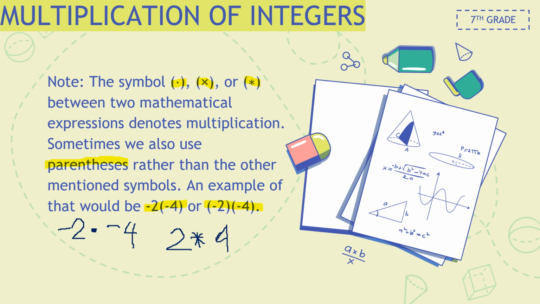Ibig sabihin po, ang operation pa rin ay multiplication. Hindi po natin palaging ginagamit yung x na sign for multiplication. Pwede din pong period, pwede din pong asterisk, or pwede din yung parenthesis lamang. Please don't be confused with that. Lahat po ng mga symbol na binanggit natin ay symbol for multiplication.